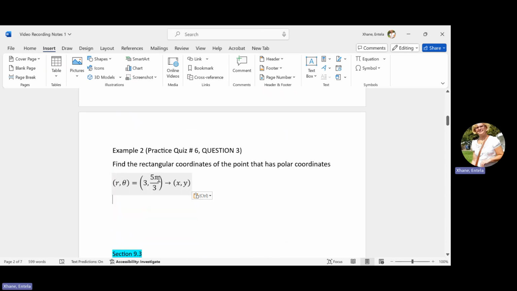The polar coordinates given are -2 and then 4 pi over 3.